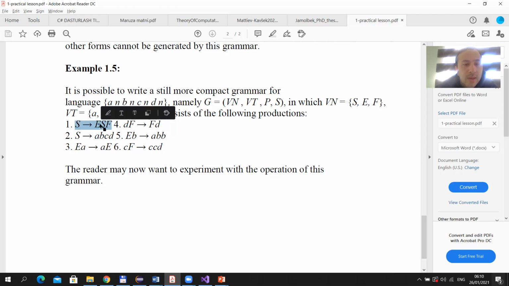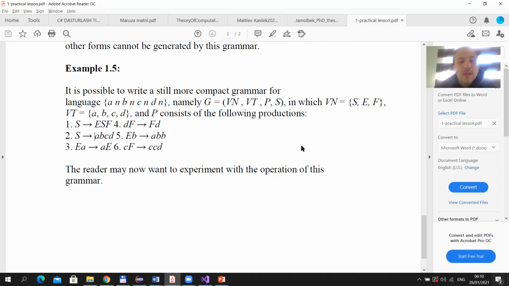So S goes to ESF, second, ABCD are non-terminal elements. The third production is EA goes to AE, DF goes to FD, EB goes to ABB, and production number 6 is CF goes to CCD.